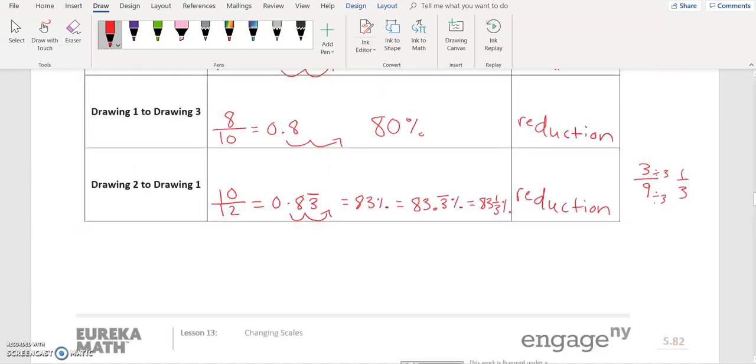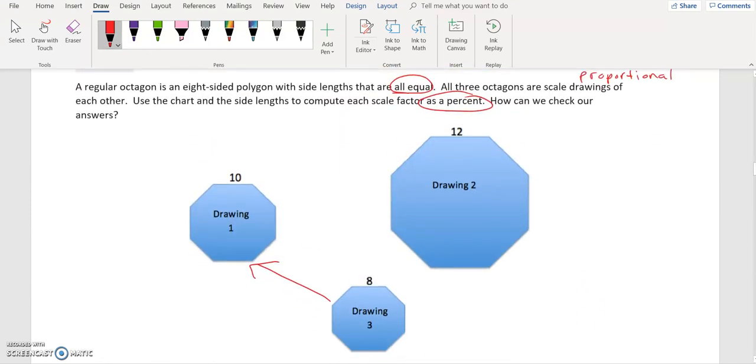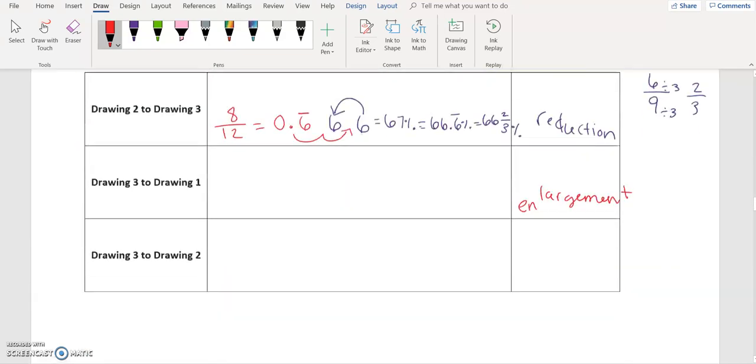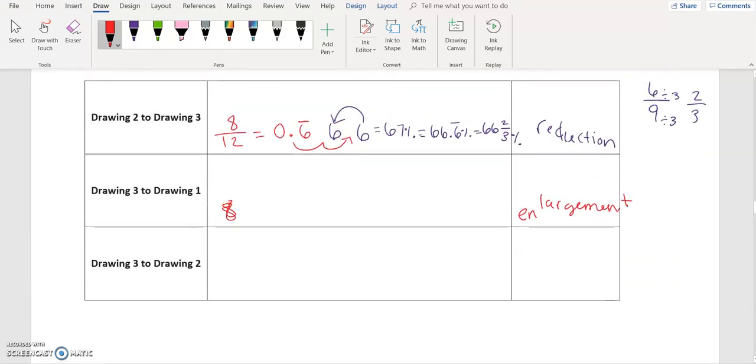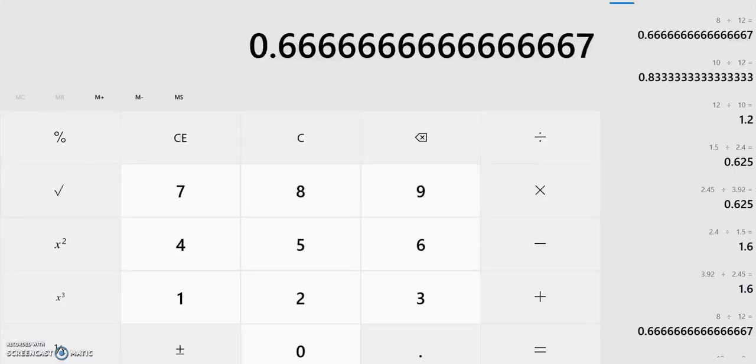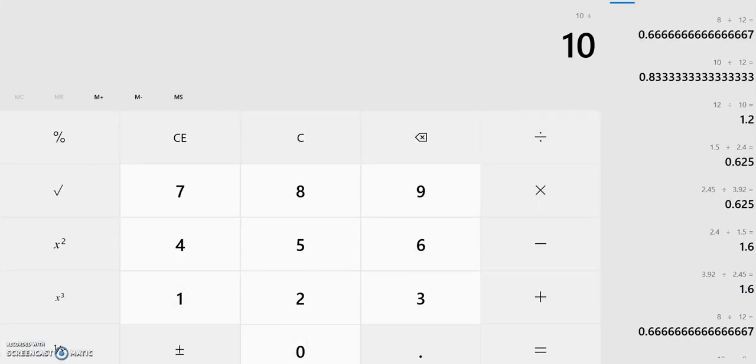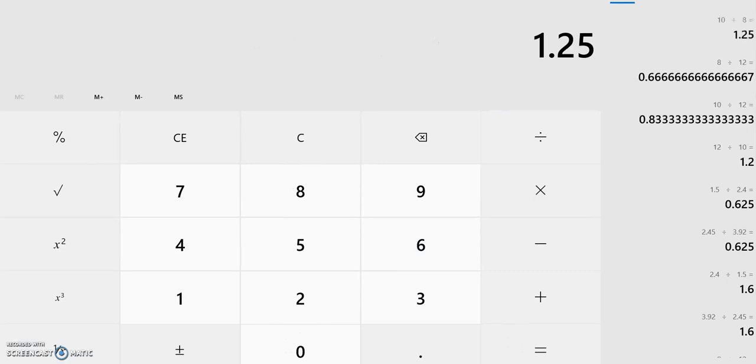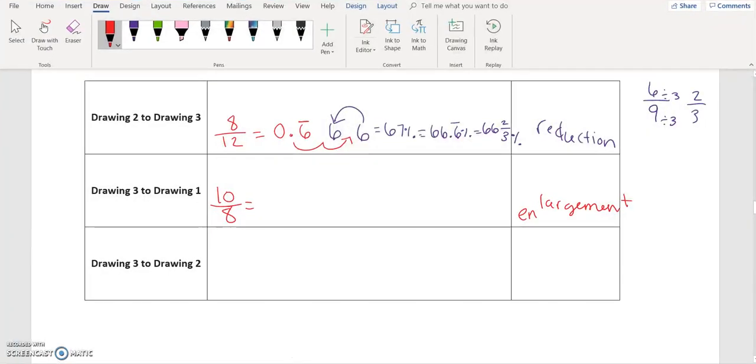So 3 is our original, which was 8. That's our denominator. And then 10 is the new. So 10 divided by 8, 1.25. Change your decimal to a percent. Decimal goes twice to the right, 125%. And it is an enlargement, it is bigger.